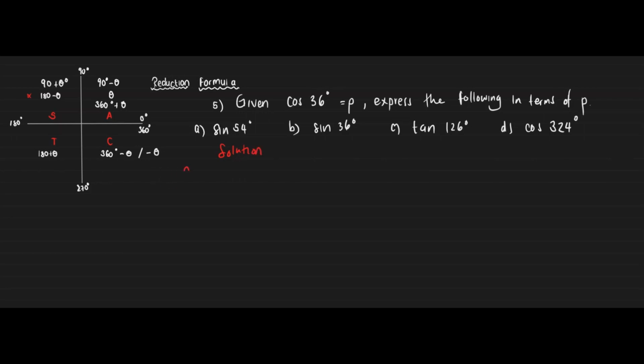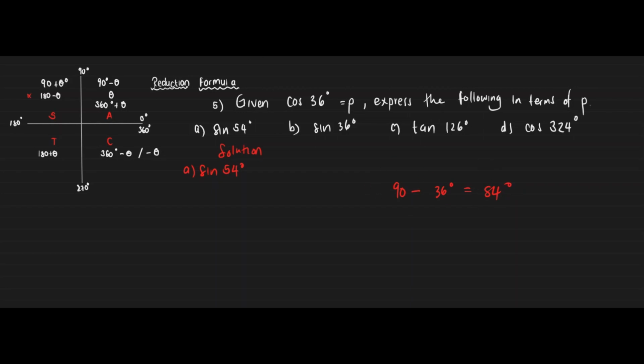So we have the first one, A, equals sine 54 degrees, and we need to express it in terms of P, right? We know that 90 minus 36 degrees is going to give us 54 degrees. So we're going to replace this 54 by this.